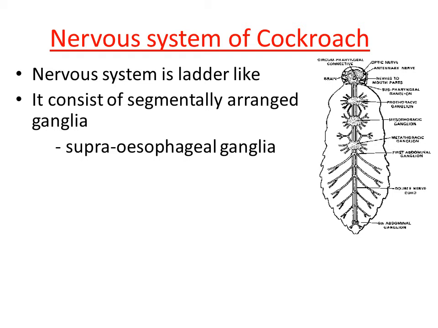So in the cockroach, the brain is formed by supraesophageal ganglia, which supplies nerves to the antenna and compound eyes, because it is present towards the region of the head, right? Because it is located just above the esophagus, towards the head region, it supplies nerves to the antenna as well as compound eyes.